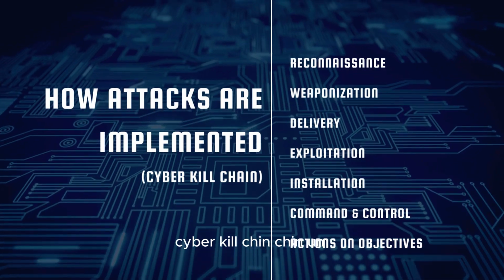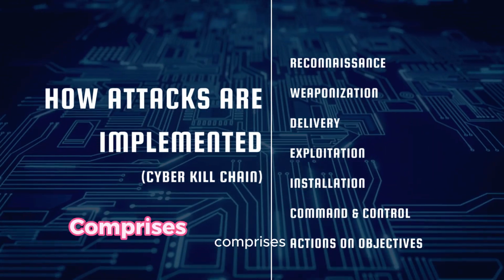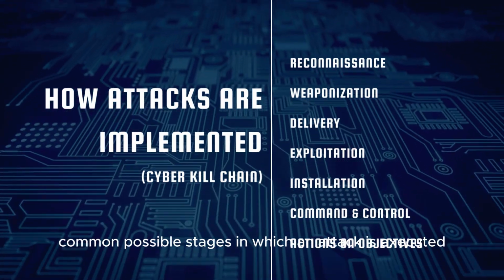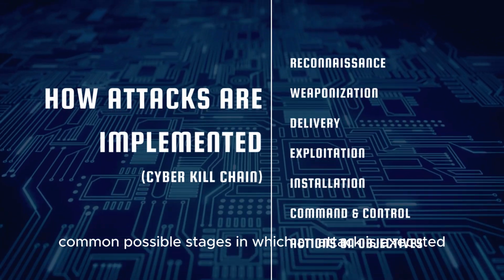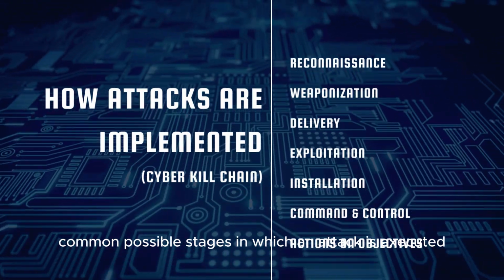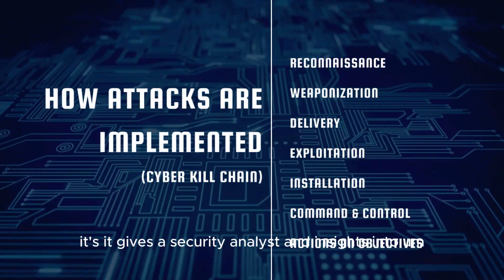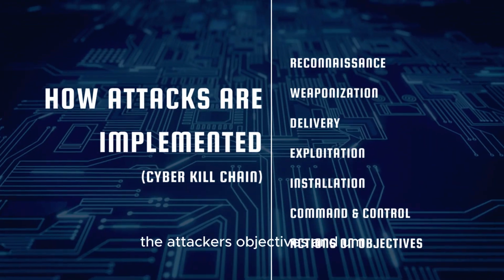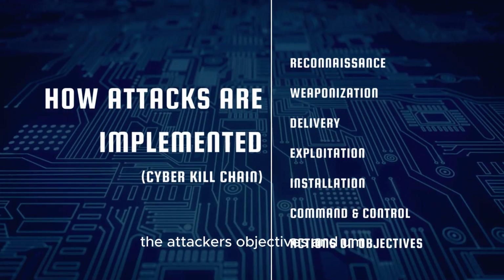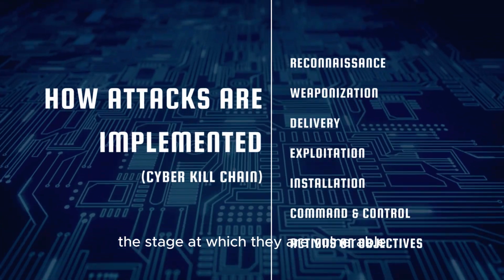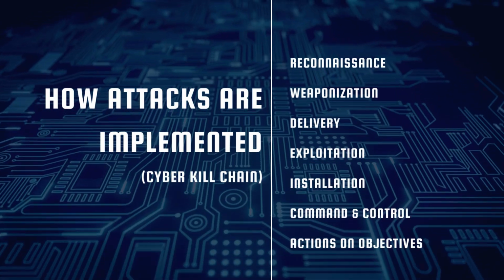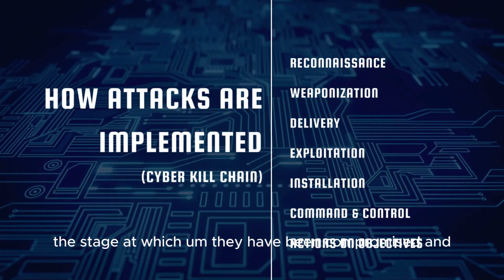The cyber kill chain comprises the common possible stages in which an attack is executed. It gives a security analyst an insight into the attacker's objectives and the stage at which they are vulnerable, the stage at which they have been compromised.